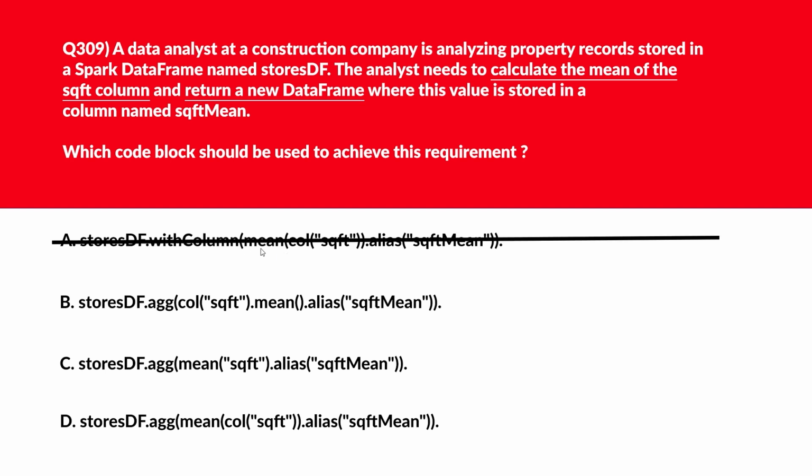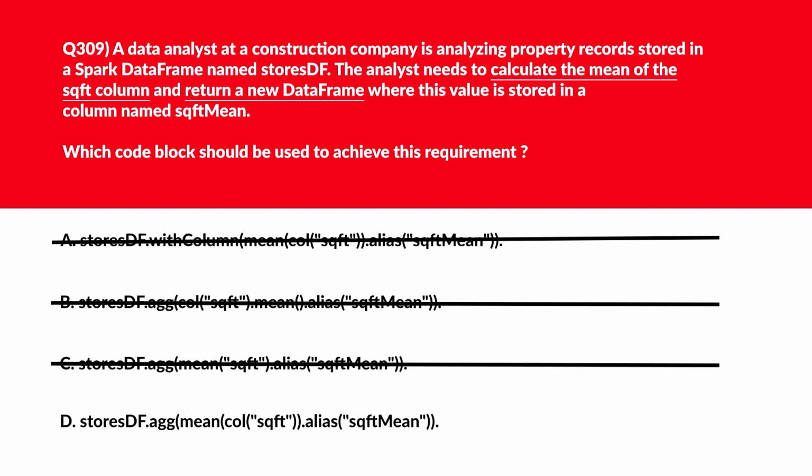Incorrect. Option B, calling the sqft dot mean function is invalid syntax since mean is not a method of column. Will delete it.